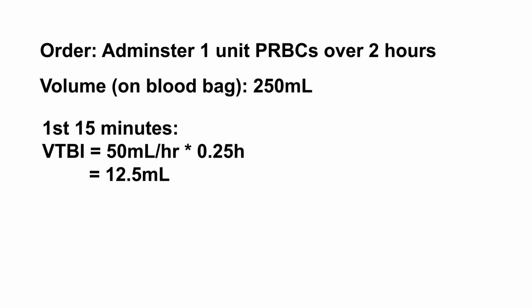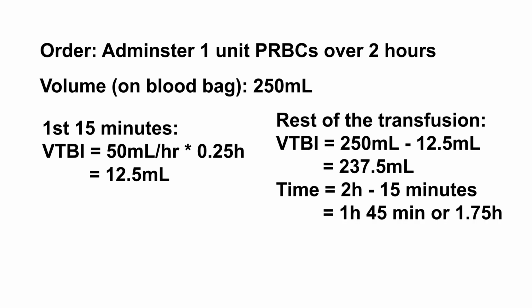This will never change. For the second half of our transfusion, we have already passed that 12.5 mLs, and we've already given that to the patient, and we've already passed 15 minutes. So to figure out what our milliliters and our time is, we're going to subtract those from our total amount. 250 subtract 12.5 is 237.5 mLs, and 2 hours subtract 15 minutes is 1 hour and 45 minutes, or 1.75 hours.